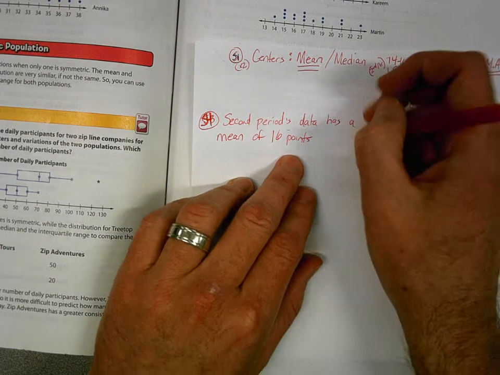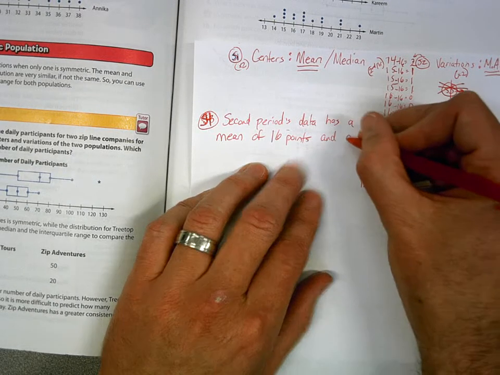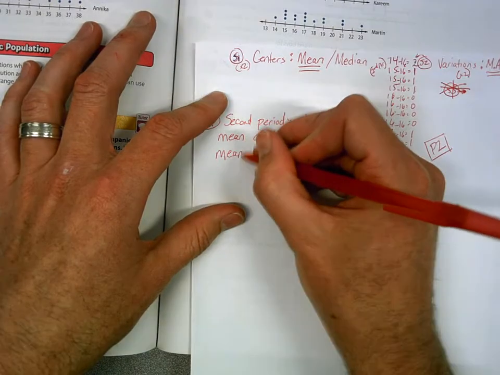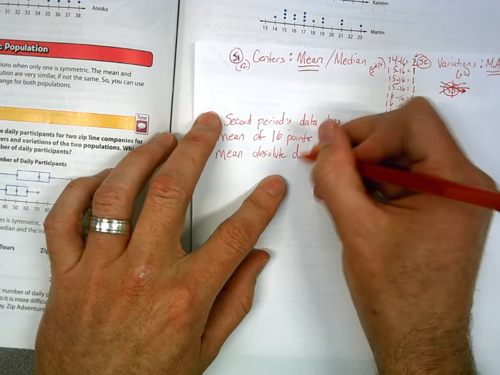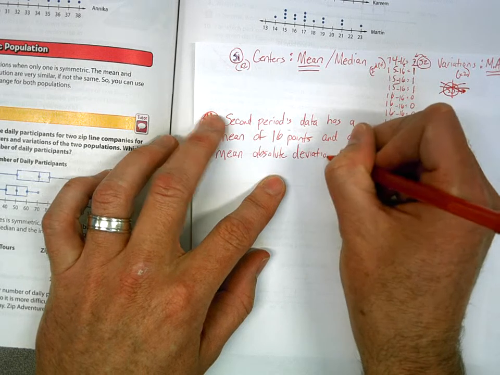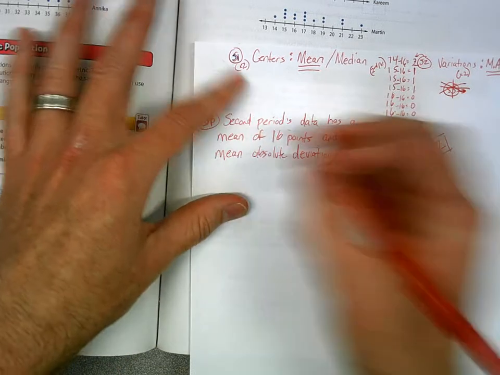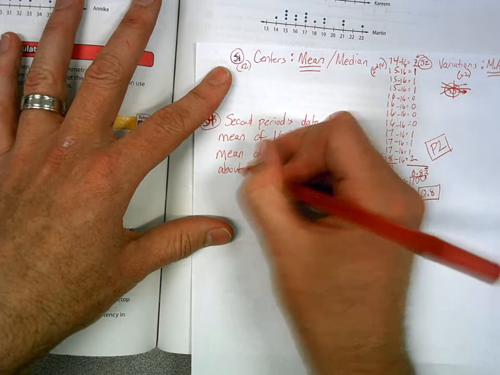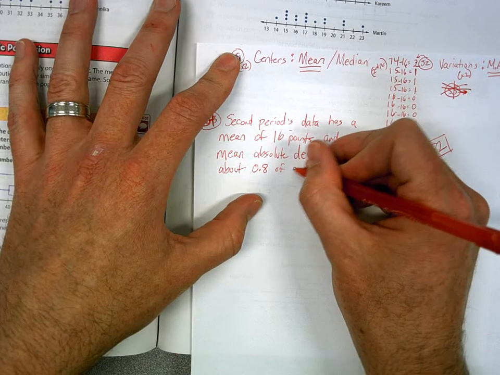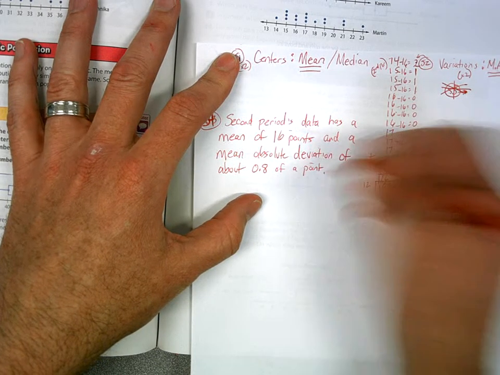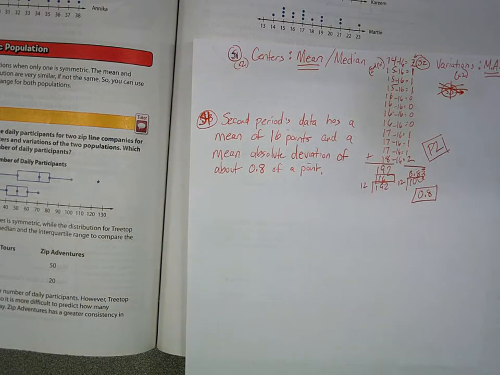Has a mean of 16 points and a mean absolute deviation of, and I'm going to use the word about because I rounded it, about 0.8 of a point. Second period's data has a mean of 16 points and a mean absolute deviation of about 0.8 of a point.